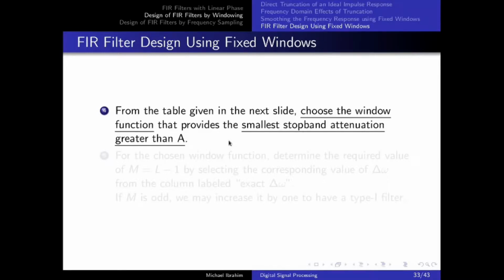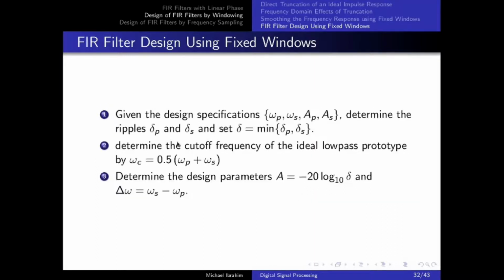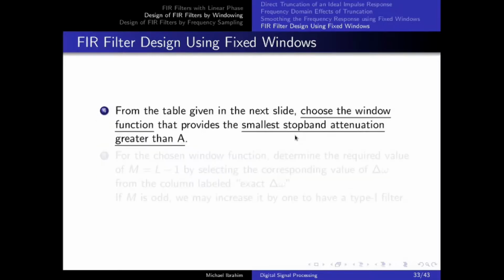So based on the new value of stop band attenuation which we found using the new delta, which is the minimum of delta P and delta S, now we can choose the window from a given table. This table will be given, and we can choose the window based on the new stop band attenuation. We choose the window which provides the smallest stop band attenuation greater than A.